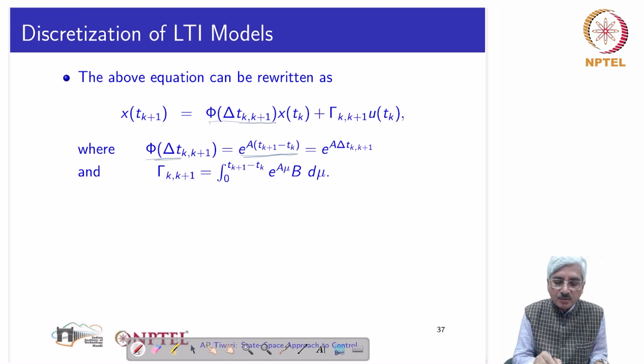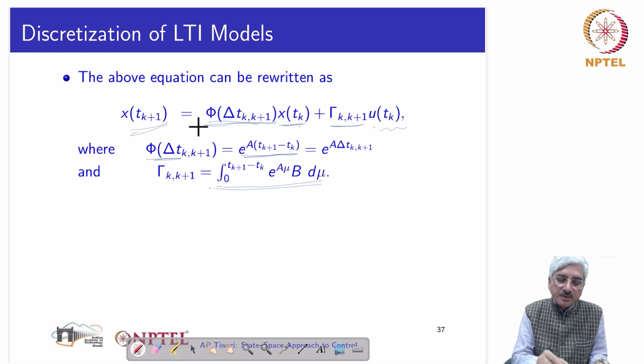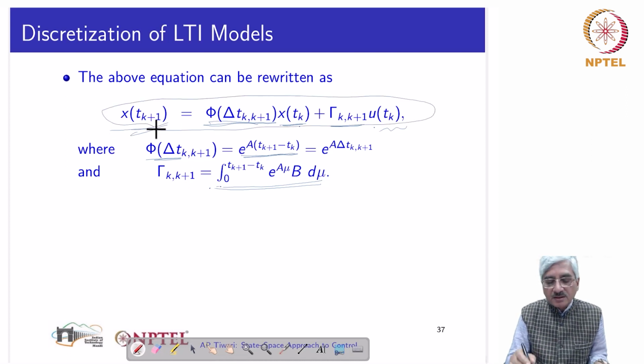That multiplies the value of state at the start of the time step, and this gamma, which is this integral, multiplies the value of input at the start of the time step. And so x(k plus 1), the next value of state, is obtained by recursive application of this.